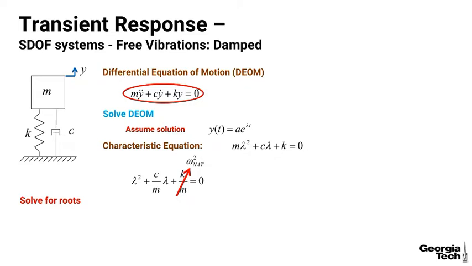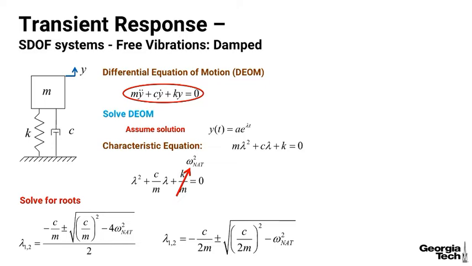We know the solution for a quadratic formula. It's minus b plus or minus the square root of b squared minus 4ac all over 2a. And in this case, it's as shown, and I get two roots, plus and minus, for the quantity underneath the radical.